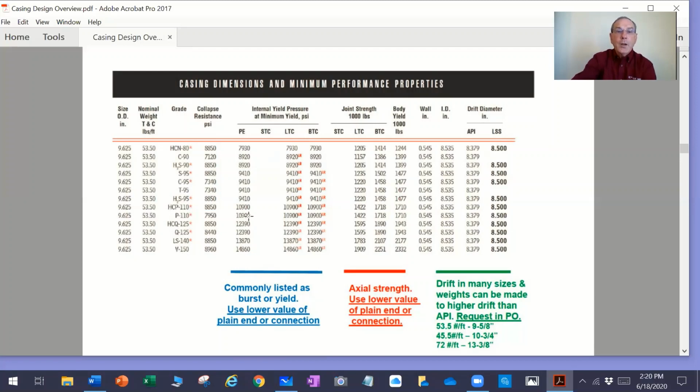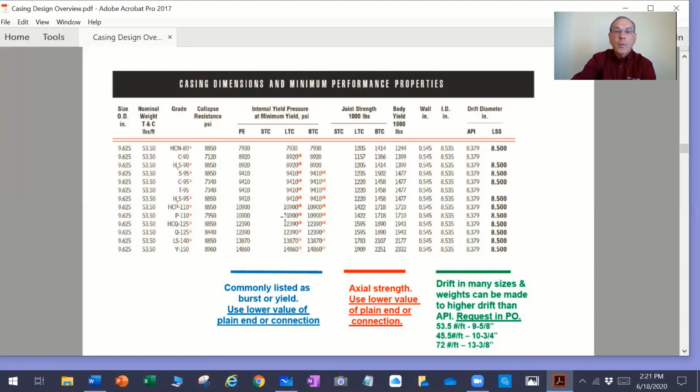And then here are your internal yield pressure values. Sometimes you'll see tables listed with internal yield, and sometimes with burst. All of these are really saying the same thing: it's the burst property of the pipe. In this case, the plain end pipe is rated to 10,900.